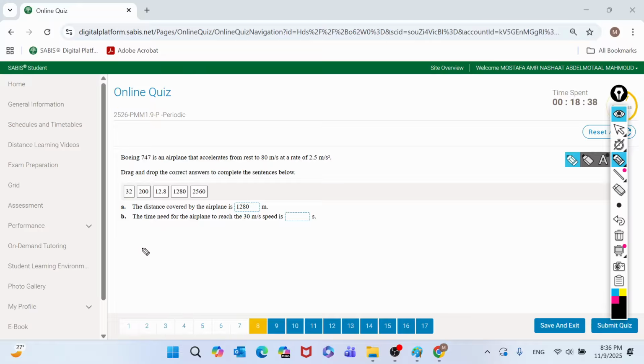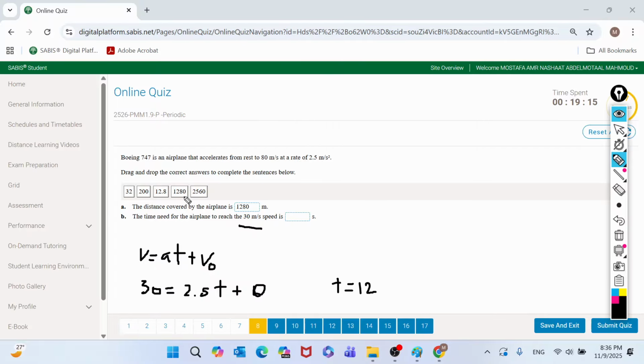Okay, so v equals at plus v0. V is 30 meters per second, so 30 equals acceleration, which is 2.5 times t, plus v0, which is just 0. So yeah. So guys, when you solve this, you're gonna get t equals to 12.